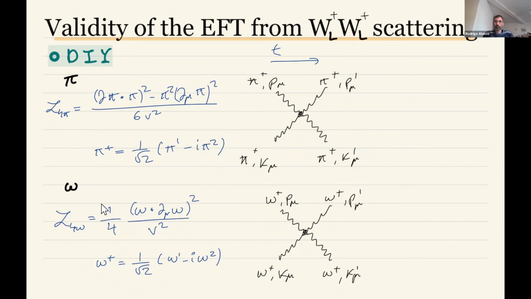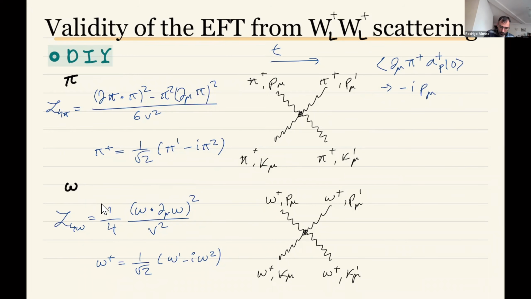Not sure how familiar you are with deriving Feynman rules for terms with derivatives. Just remember that when you have a derivative acting on a pi plus field, it excites out of the vacuum a particle momentum, minus i p mu.